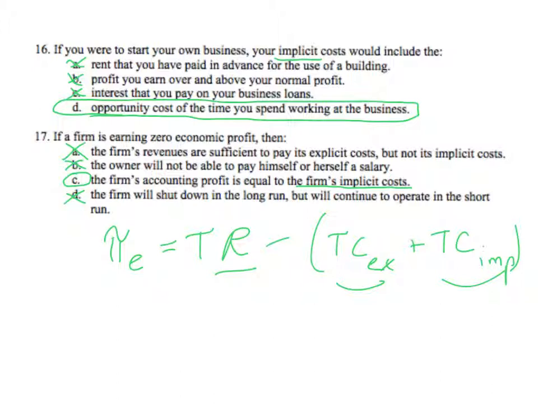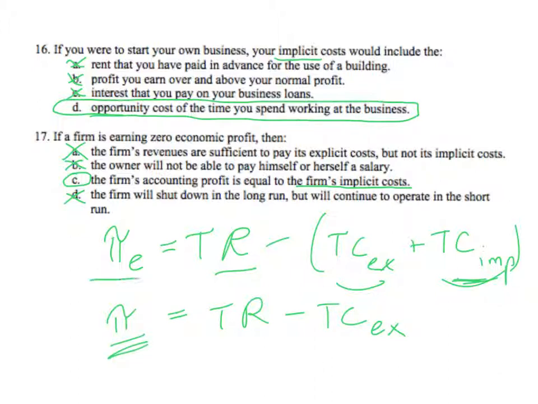So notice that the accounting profit is equal to just total revenue minus total explicit costs. So notice that by not subtracting these implicit costs, accountants would get a positive profit.